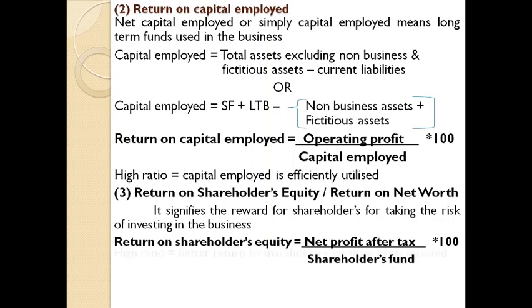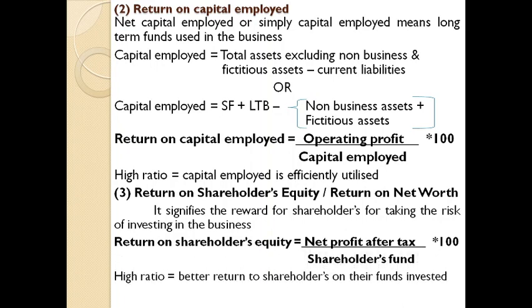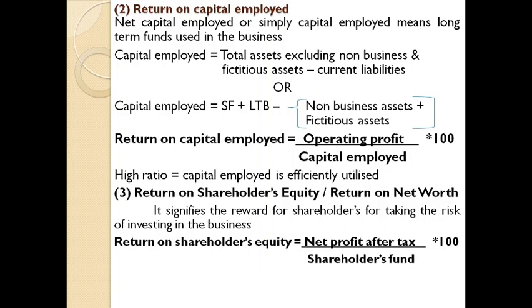Usually the concept is calculated on percentage basis, that's why you need to multiply it with 100. As we all know, the 2 basic concepts of this ratio are net profits and shareholders fund. Shareholders fund include equity share capital, preference share capital, reserves and surplus such as share premium, revenue reserve, capital reserve, retained earnings, surplus.